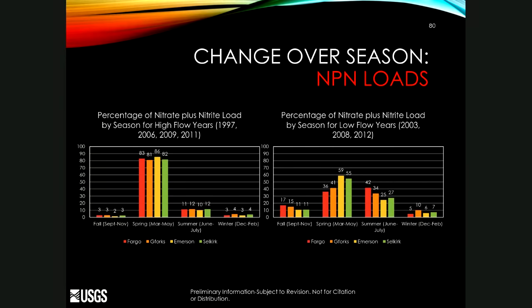And then if you look at those low flow years, again, that spring and summer season tends to be when those loads are distributed pretty similarly. But most of the load, again about 80%, is being contributed during those two seasons, which makes sense. That's the time frame when we have the most precipitation and we have crops and things going on in the landscape.